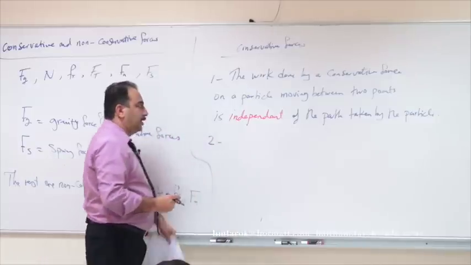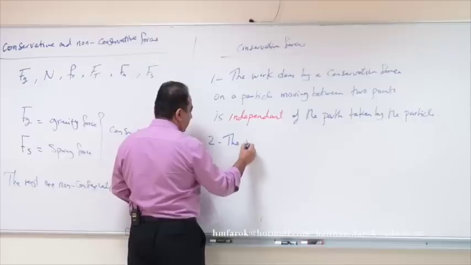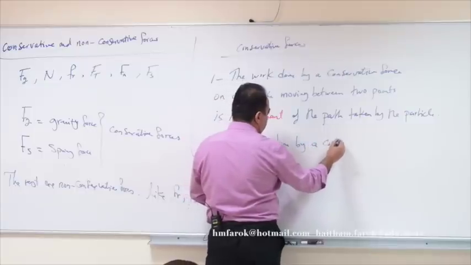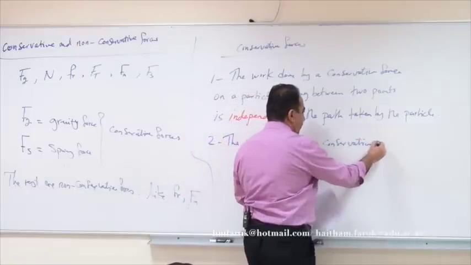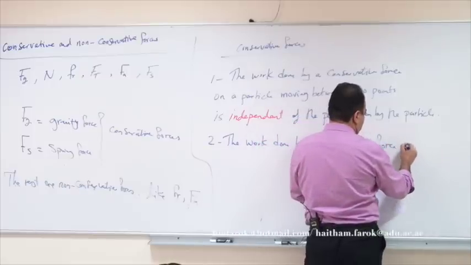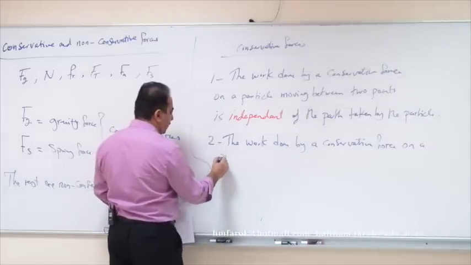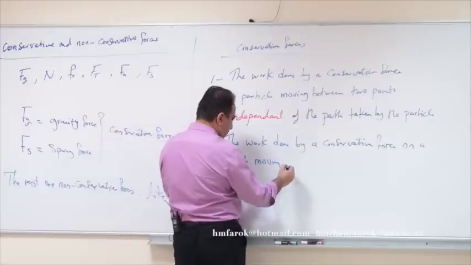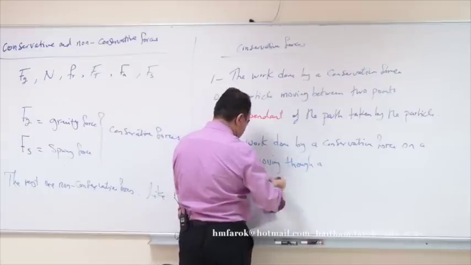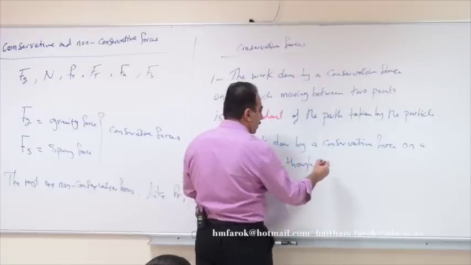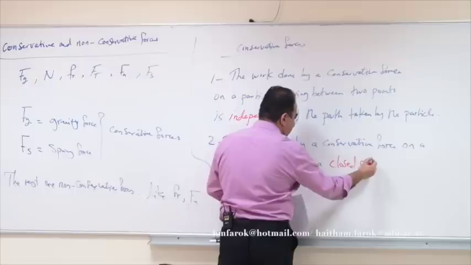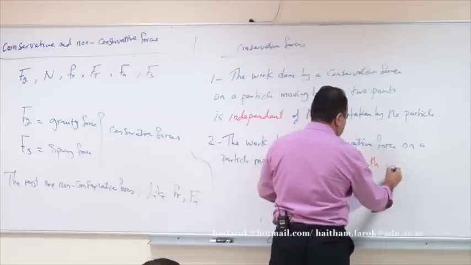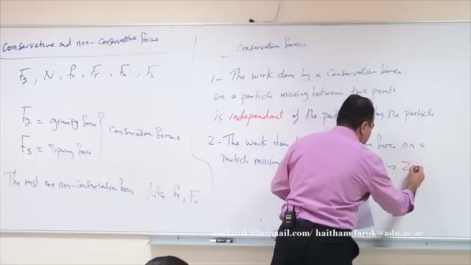That's the first condition to have a conservative force. Second, the second condition: the work done by a conservative force on a particle moving through a closed path is 0.